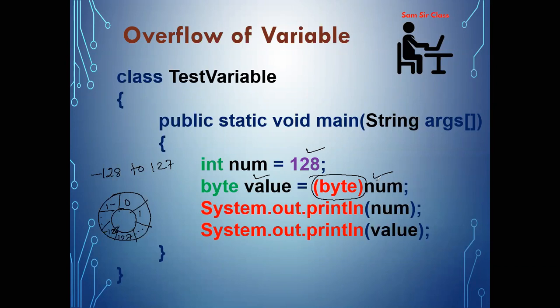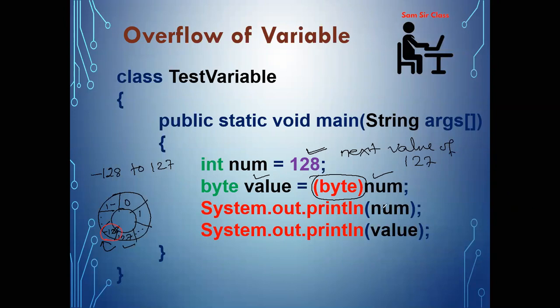First it will check on the byte side what is the maximum range on the positive side? 127. But I want to print the next value, because that is what 128 is. So after 127, what is the value present in byte data type? It is minus 128.